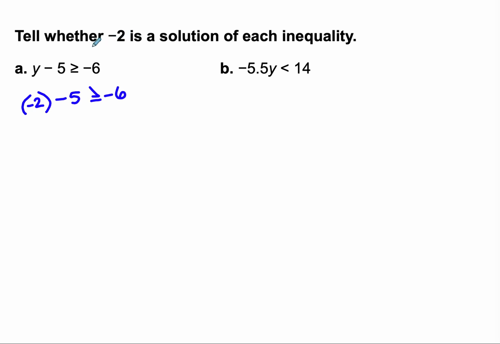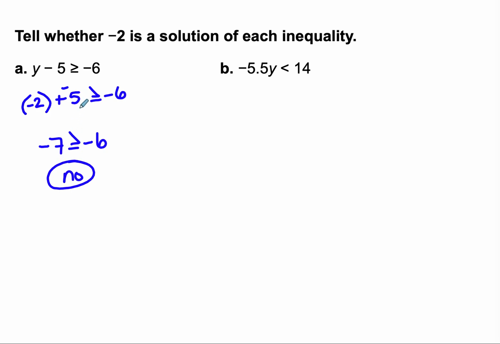So I took this negative 2 and I put it in where the y is. Negative 2 minus 5 is like negative 2 plus negative 5. Same signs, find the sum, that's negative 7. Negative 7 is greater than or equal to negative 6. No, that is not true. Negative 7 is less than negative 6. It's not greater than negative 6. So this one's going to be a no.